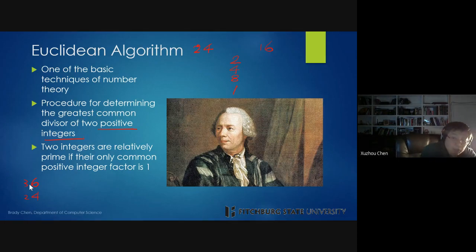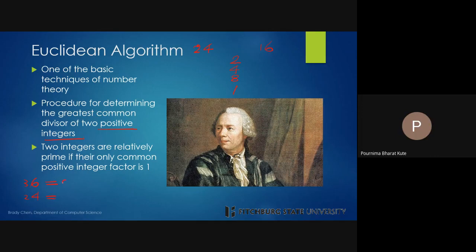One of the ways you can do this is to factor each of the numbers, right? Can I factor the number? Yes. For 36 you have 2 times 3, actually 2 times 2 times 3 times 3, right?